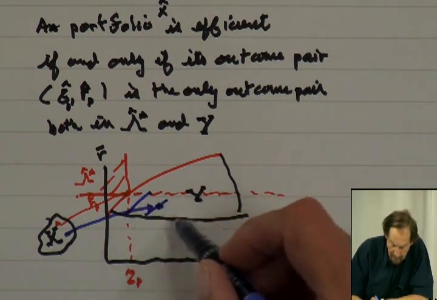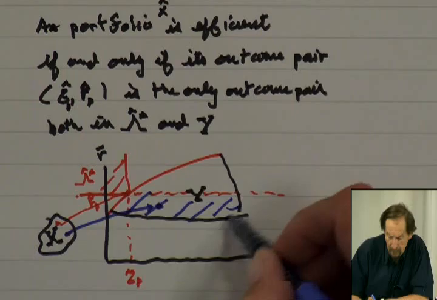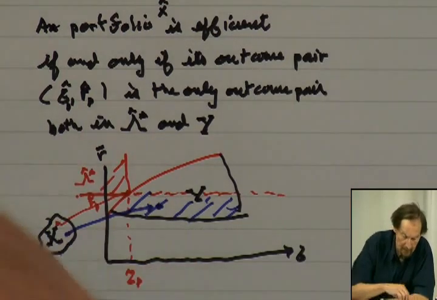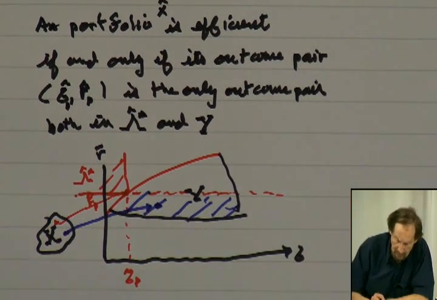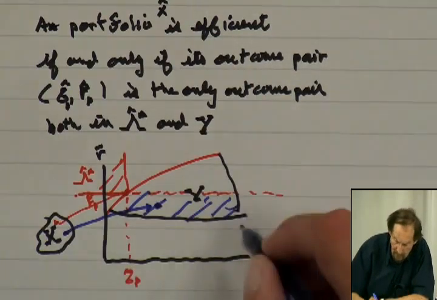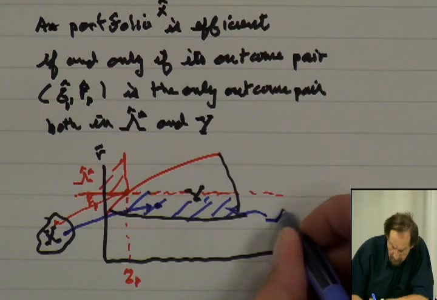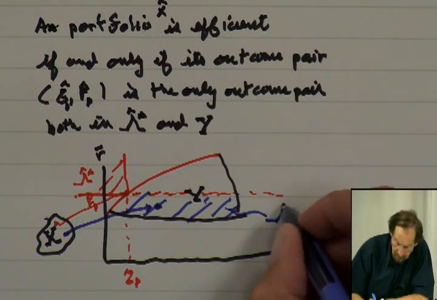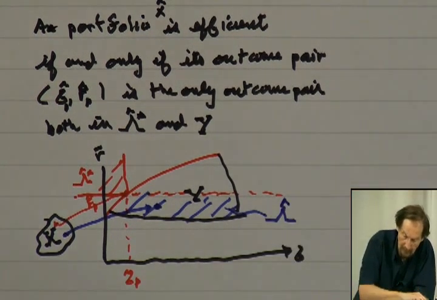That is in Y intersect the domination cone. The blue part is the domination cone.